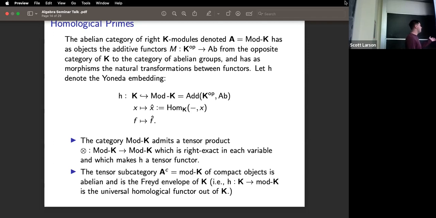You can look at the tensor subcategory of compact objects, which I call A^c or little mod K. It's something called the free abelian envelope of K, which means you can look at a restricted Yoneda functor from K to little mod K, and it's the universal homological functor out of K. That means if you have a functor which sends exact triangles to exact sequences, then it has to factor through little mod K.